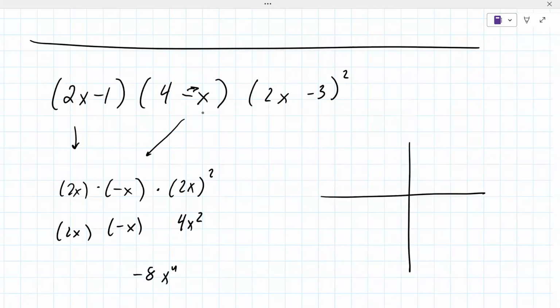So now tell me again, which quadrant are the arrows in this case? If it's negative 8x to the fourth, so the second quadrant and the fourth quadrant, down here and down here.